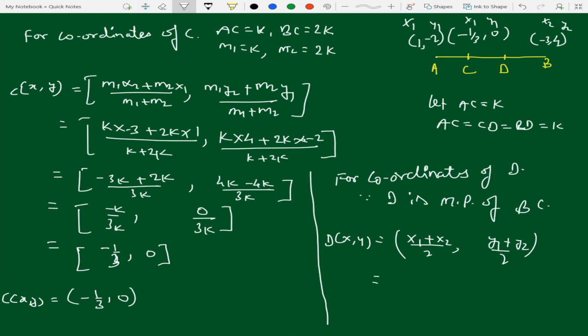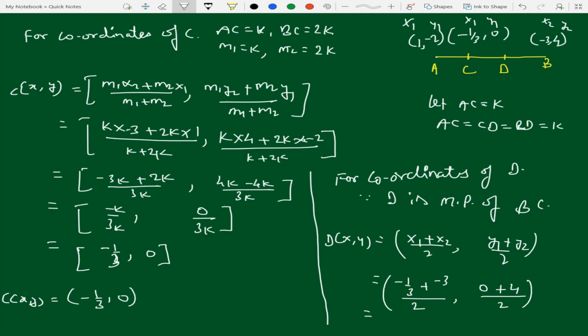So now using x1 is -1/3 and x2 is -3, upon 2, comma y1 is 0 and y2 is 4. So 0 plus 4 by 2.